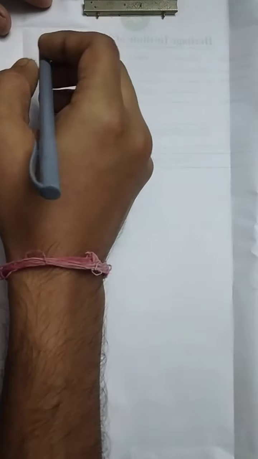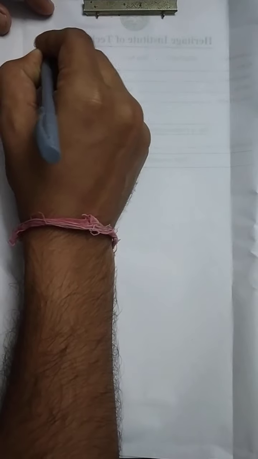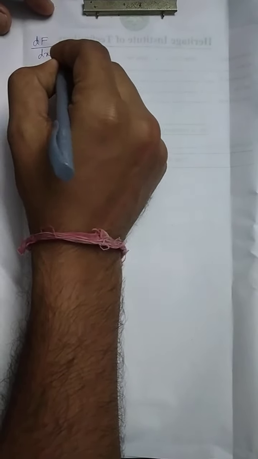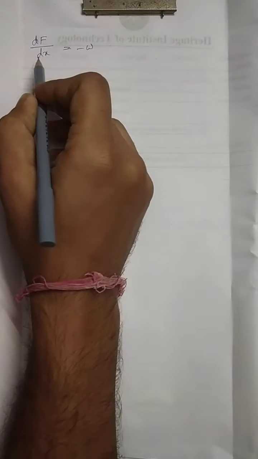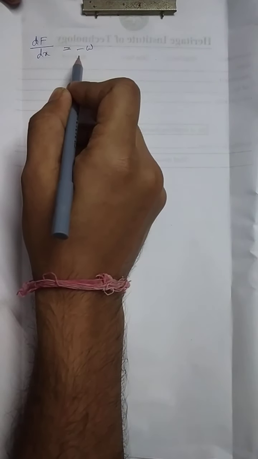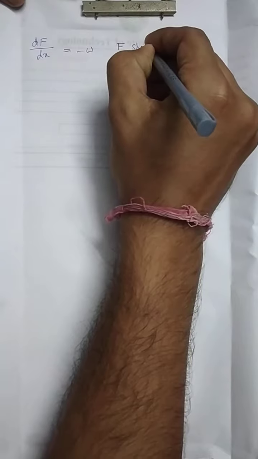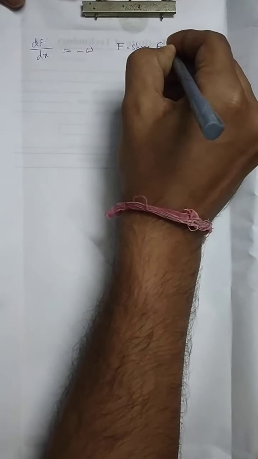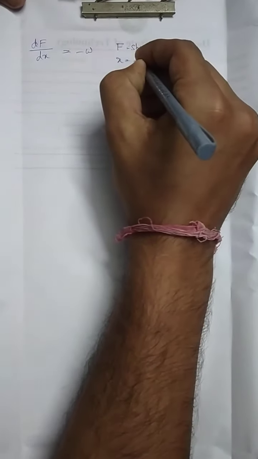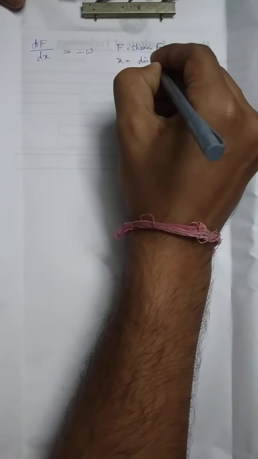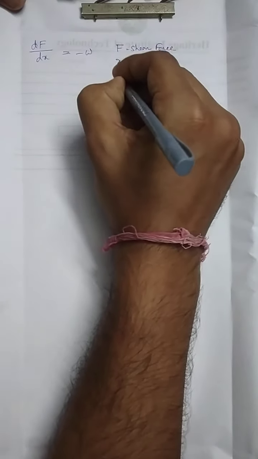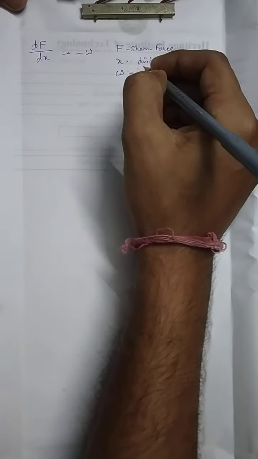Before we start the chapter, we will need to know the theories. dF/dx is equal to minus W, where F represents shear force, x represents distance, and W represents the loading rate.